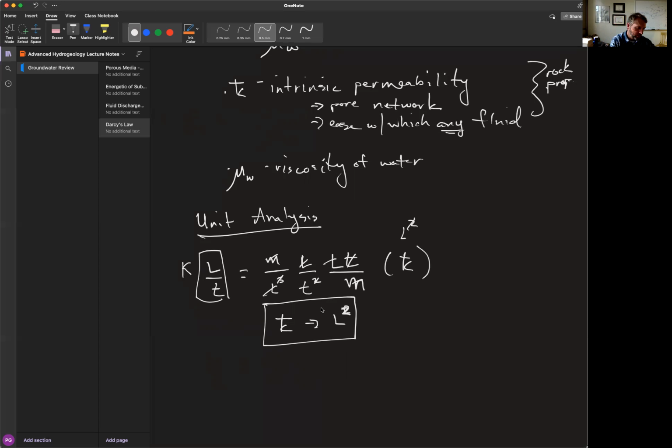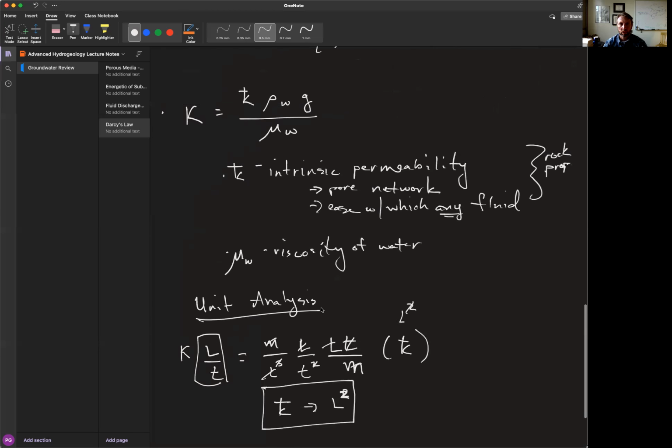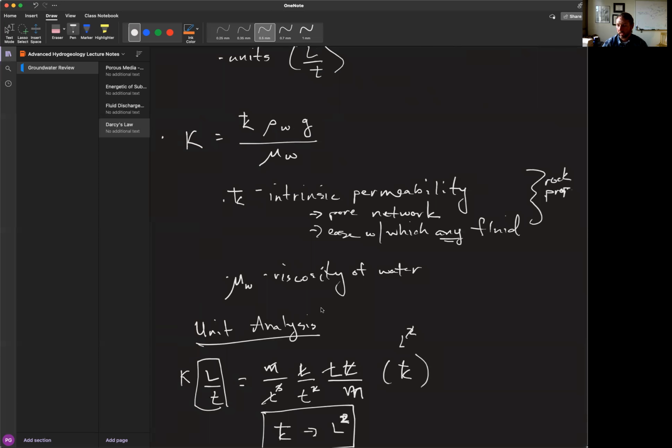Intrinsic permeability is the property of the rock that basically describes how well any fluid could flow, whether it's air or water or whatever. Hydraulic conductivity brings in these properties of the water, the density and the viscosity of the water.